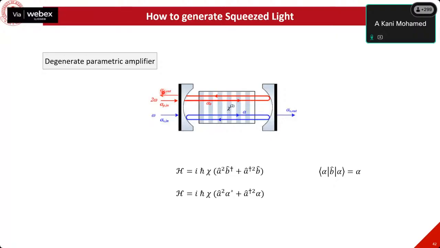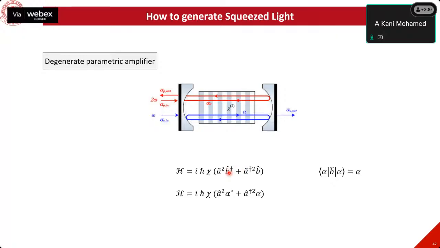That's why we call it a degenerate parametric amplifier. And it is vice versa. One photon will be created in mode B when two photons in mode A get annihilated. So this is the basic principle of a parametric amplifier.